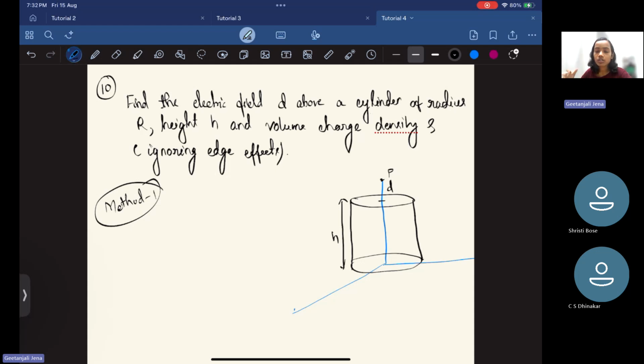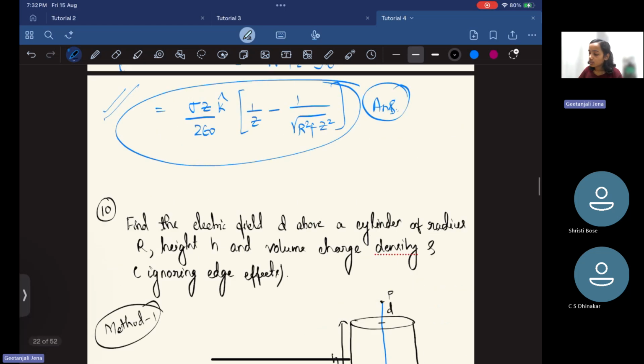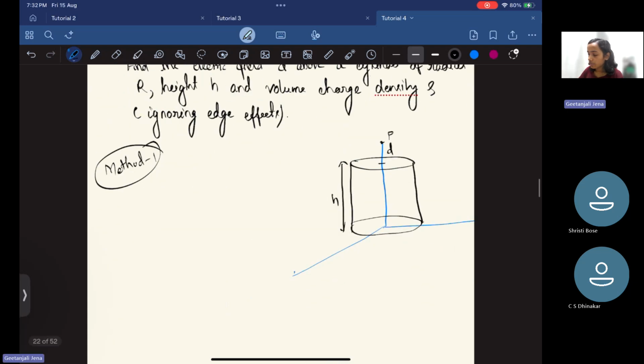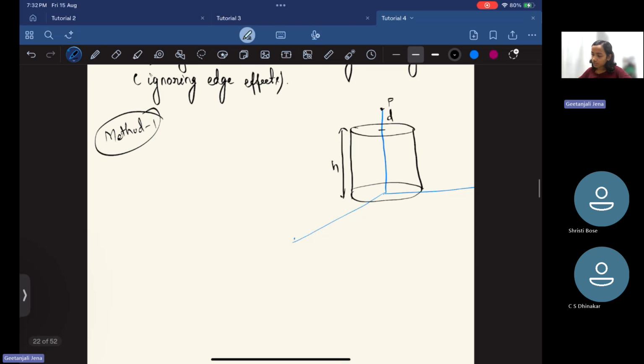So when you merge disks up to height h, then you will get a cylinder, right? In the previous problem, we calculated the electric field due to a disk. So we can use that answer to get the solution for this problem. We have calculated the disk electric field, and now we'll make use of this expression to find the field.